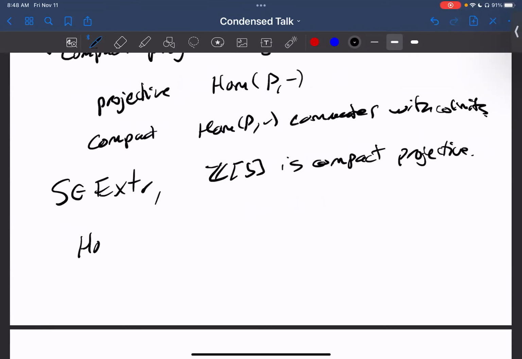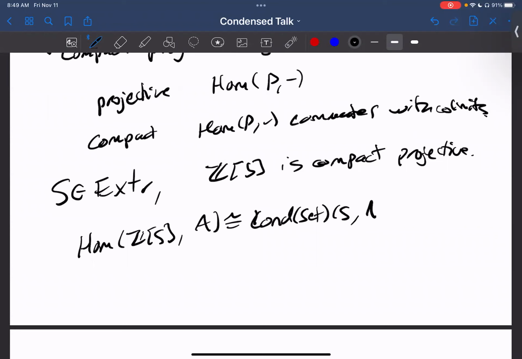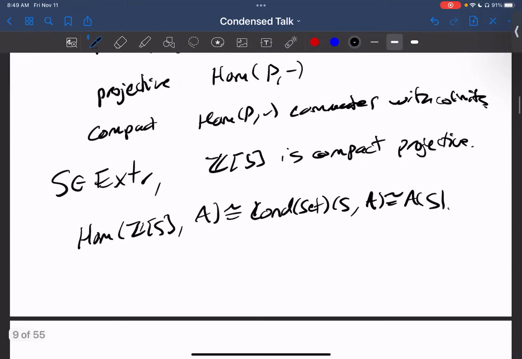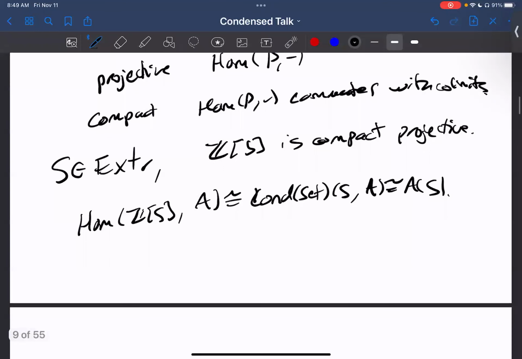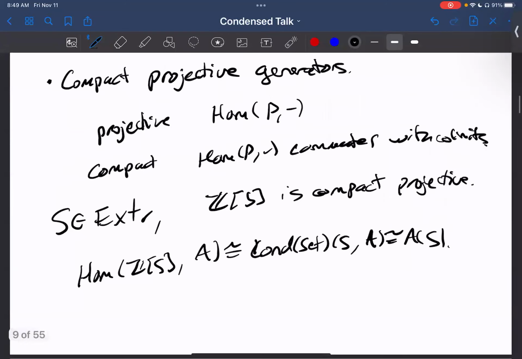Well, if we look at Hom from Z of S to some condensed abelian group A, this is just isomorphic to condensed set maps from S to A, which is just isomorphic to A of S. So we need to see that taking these S-valued sections actually does commute with colimits, and that will be enough to show these two parts of this claim.